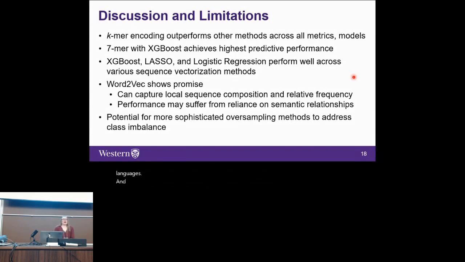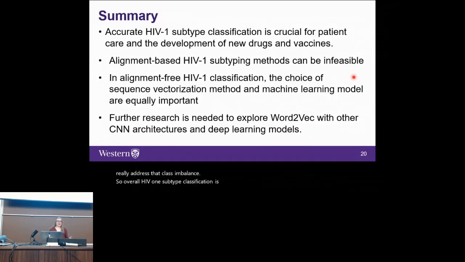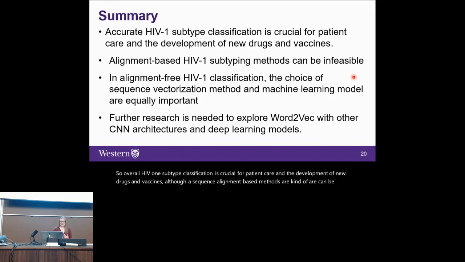And also, we think there's room to explore a variety of more sophisticated oversampling methods to really address that class imbalance. So overall, HIV-1 subtype classification is crucial for patient care and the development of new drugs and vaccines. Although sequence alignment-based methods can be easy and useful to use, they can sometimes be infeasible for large data sets.